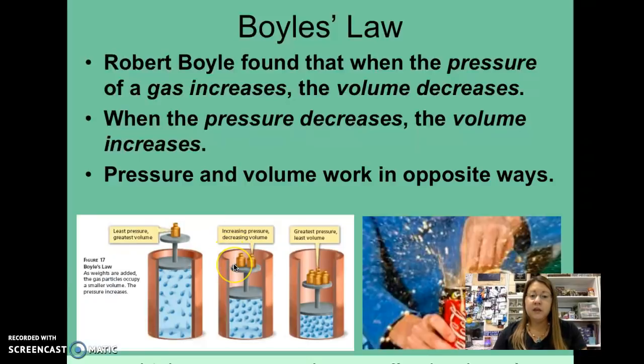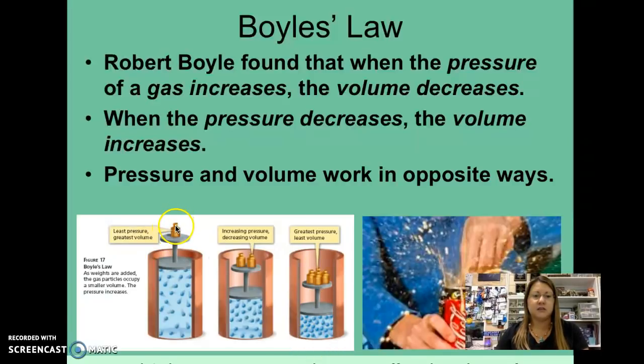If you increase that pressure, if you're adding more force to it, then that squishes all those air molecules into the same amount of space, downward into that small space. Same thing happens in the next example. If you have more weights added to it, that means more pressure, and so it's going to take up the smallest amount of volume.